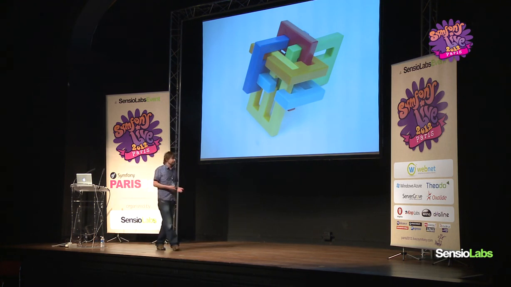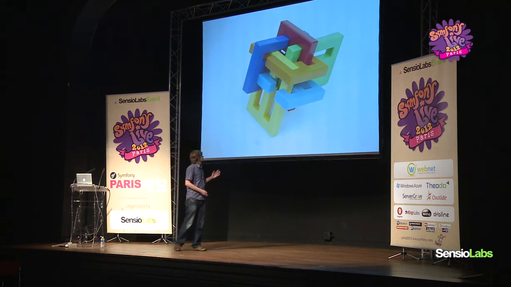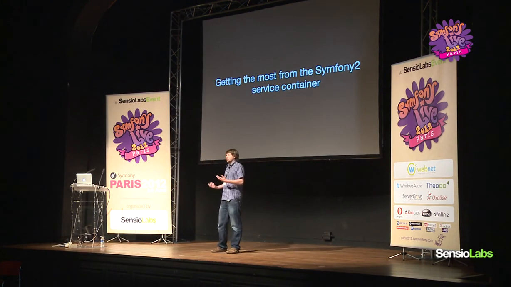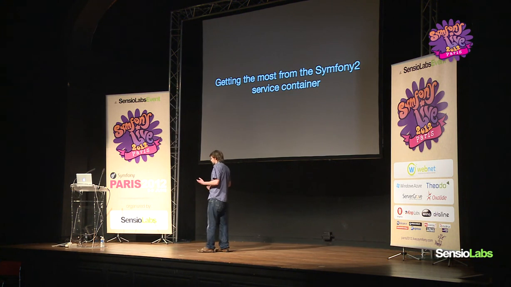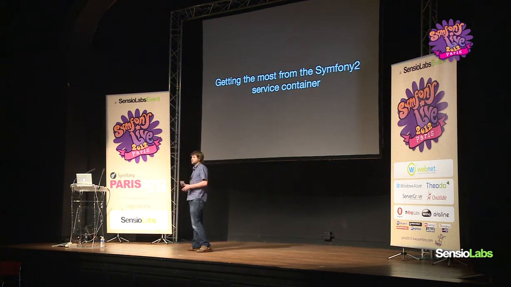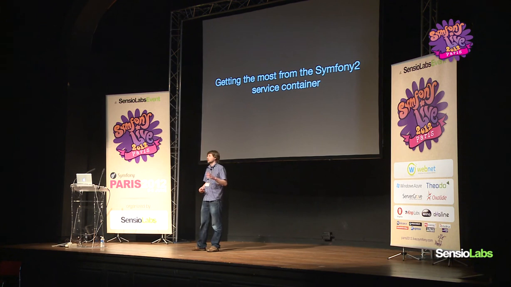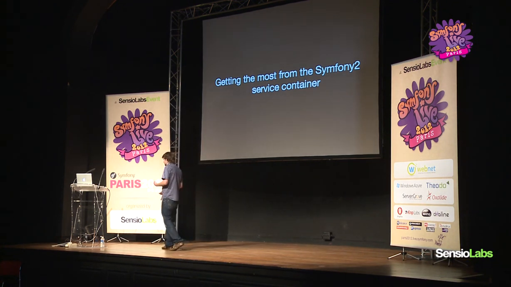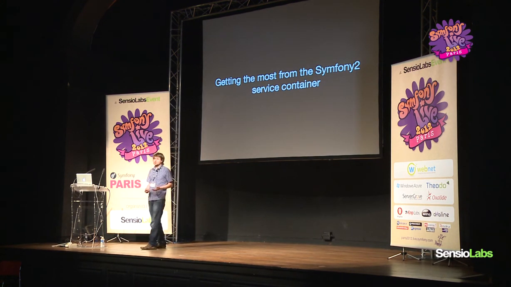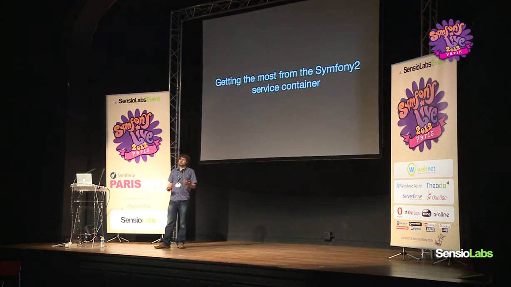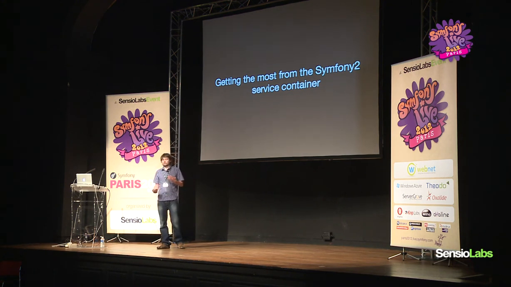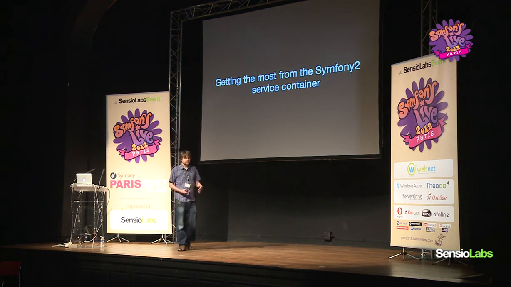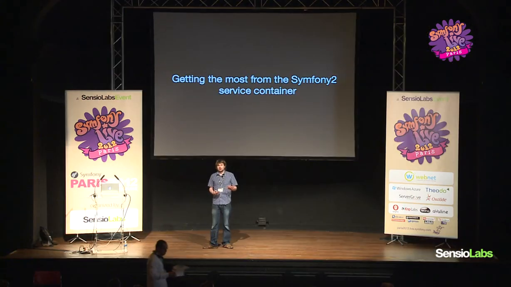So today I'm going to talk to you a bit about trying to get the most out of the service container, some of these additional options, things that we can do to work with some of this other code, and also ways that you can reduce the repetition in the configuration, because just as when we're writing code, we don't want to be repeating ourselves all the time.